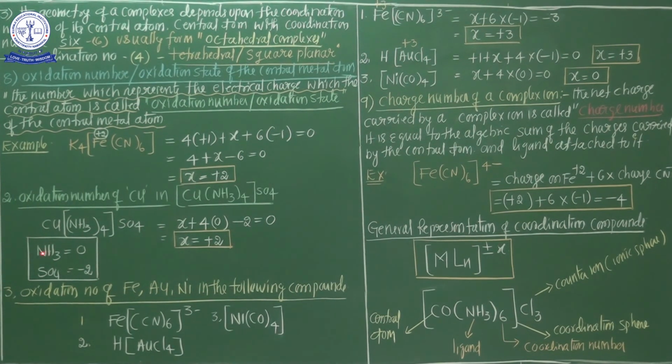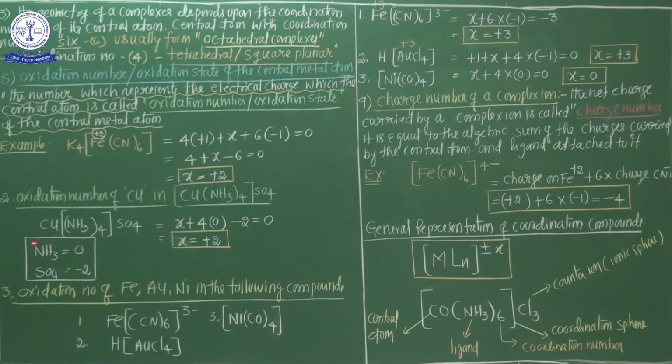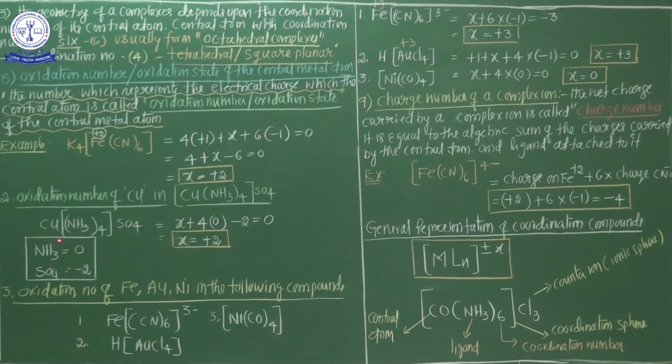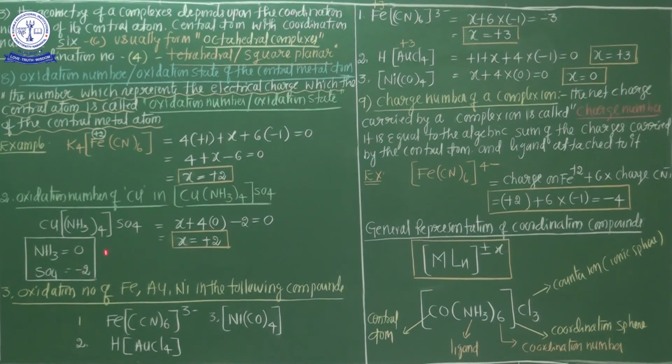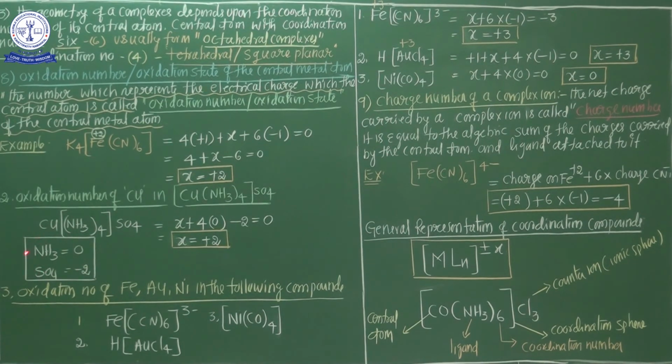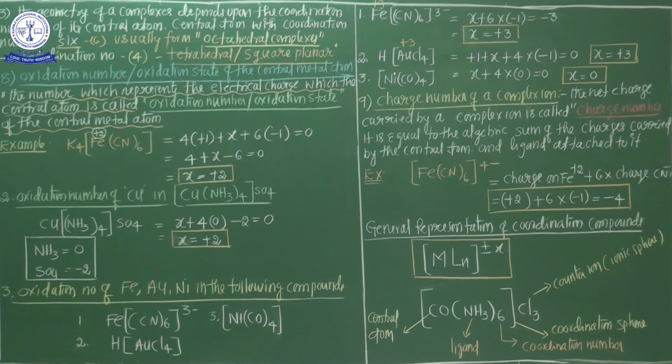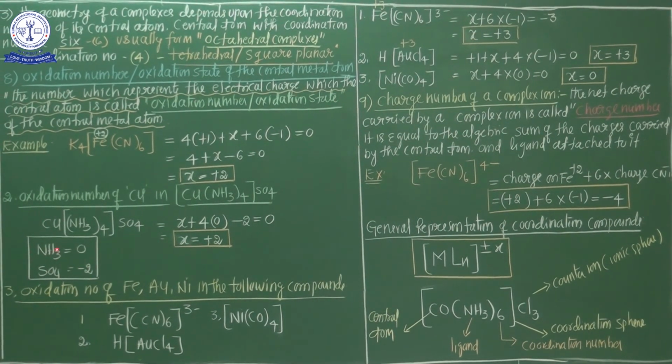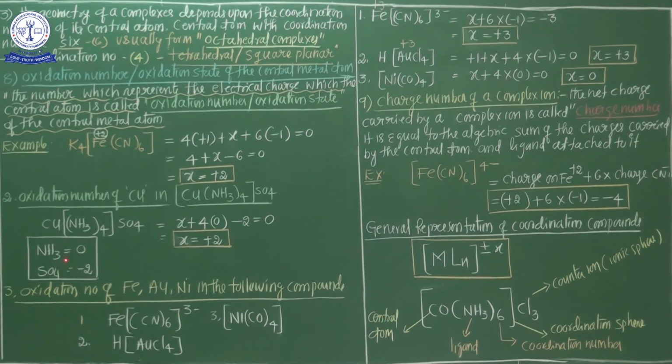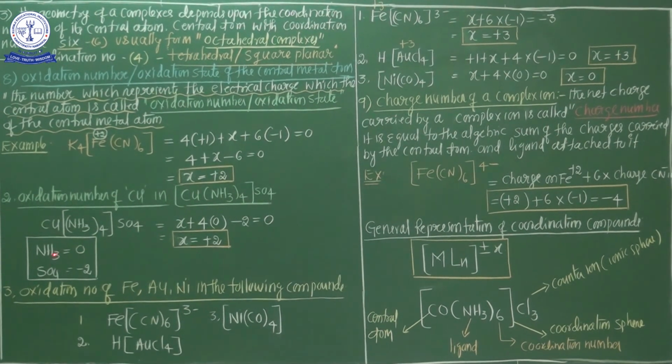Why is NH3 0 here? Because nitrogen is -3 and 3 hydrogens are +3. -3 plus 3 get cancelled. The net charge is equal to 0. Clear? So once again, nitrogen is -3 because 3 electrons are accepted. Each hydrogen is +1. How many hydrogens are there? 3 hydrogens.